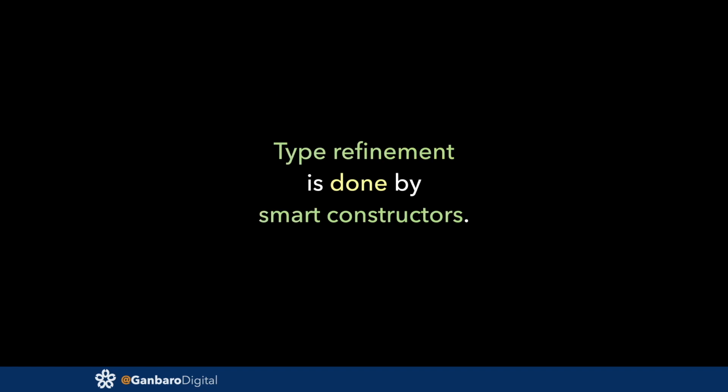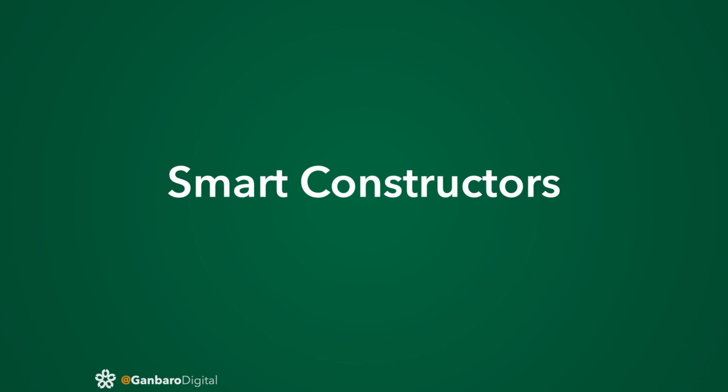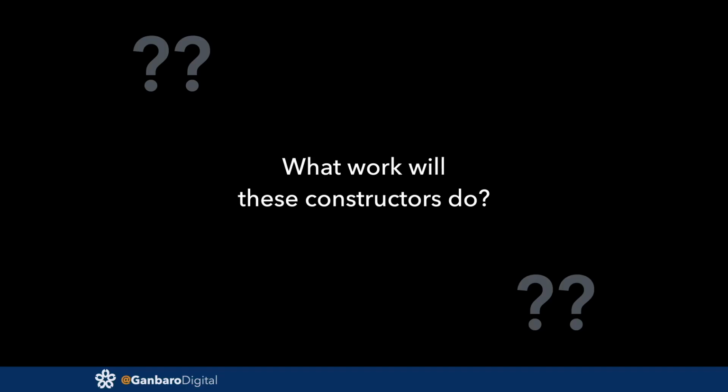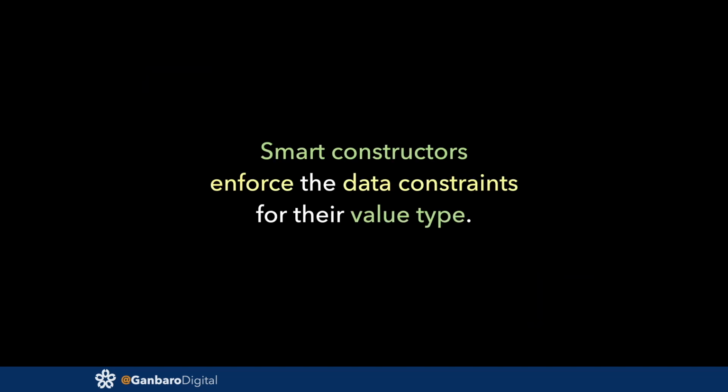And we say that the work of type refinement is done by something we call a smart constructor. That's what these constructors on our value types are. They're smart constructors. So let's get into smart constructors. And let's return to our question, is what work are these constructors going to do? Now, what they're going to do is they're going to enforce the data constraints that apply to our data type.